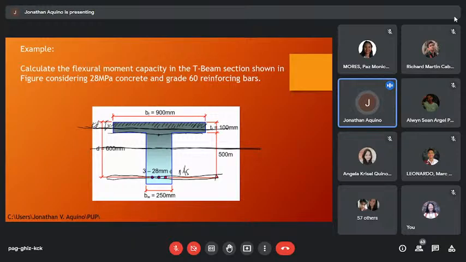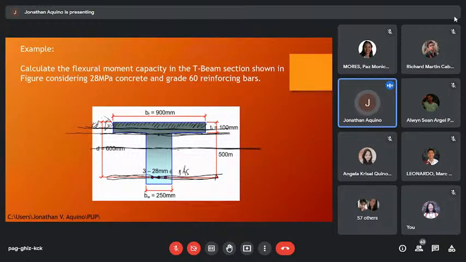Then this is your nAs. Solving now, you will see that if the value of your x is negative, it means your centroid will be located here. The best way to solve this problem is to assume that the neutral axis is located exactly at the junction between the flange and the web.